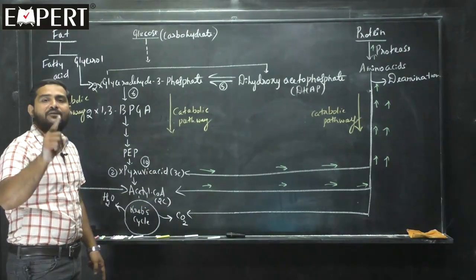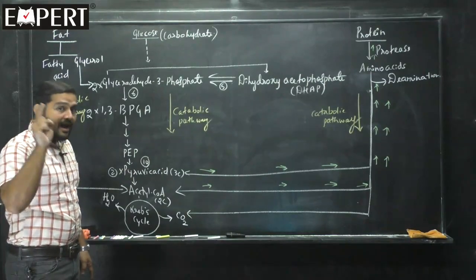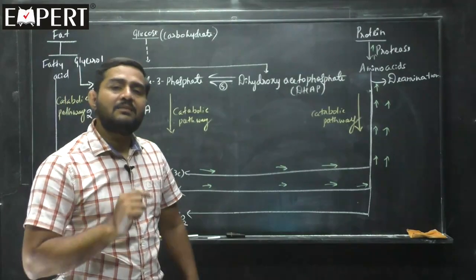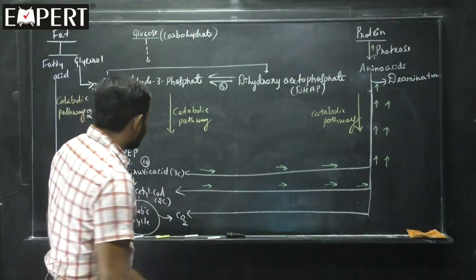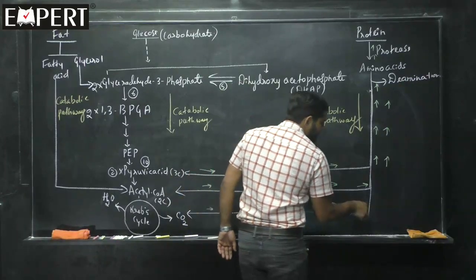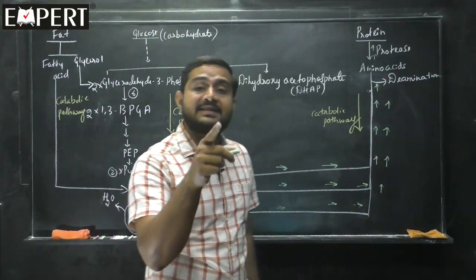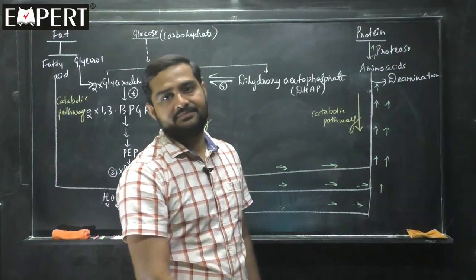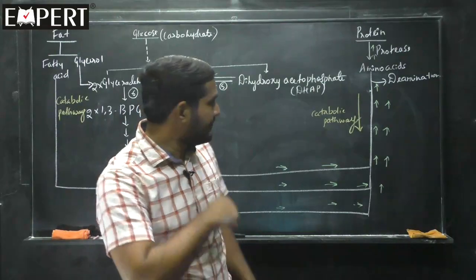Alpha ketoglutaric acid having 5 carbon is supposed to become succinyl-CoA. It does not become succinyl-CoA; instead it escapes the respiratory pathway and becomes an amino acid. The amino acid formed by alpha ketoglutaric acid is glutamic acid.